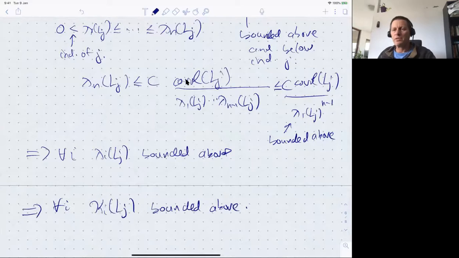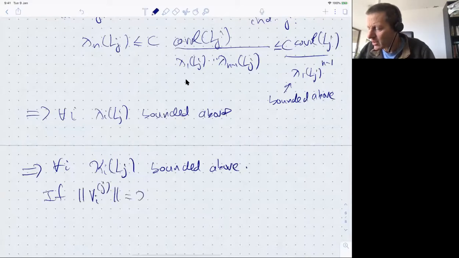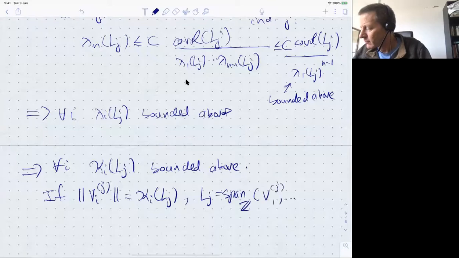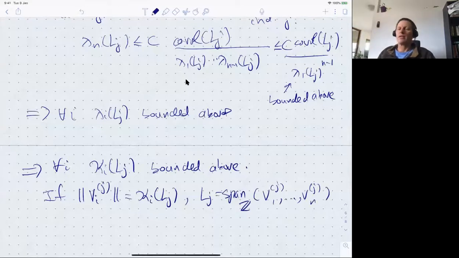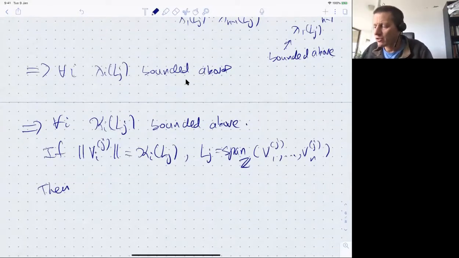And so passing to convergent subsequences, we know that if Vij is the vector whose length is equal to kappa i of Lj, and these vectors are giving us a basis of Lj, then the vectors Vij, passing to a subsequence, converge along j.